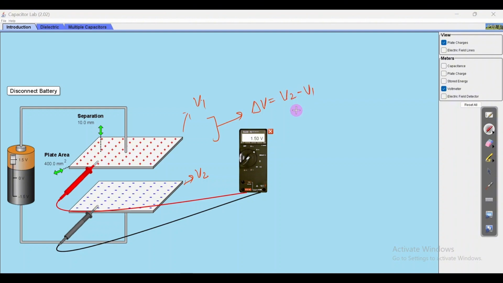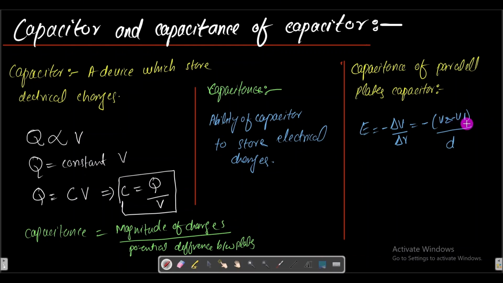So this E, the strength of electric field between the two plates, is given by minus (V2 minus V1) divided by D. So here it becomes (V1 minus V2) divided by D, and this V1 minus V2 is equal to V, so this becomes V by D. This is equation 1.